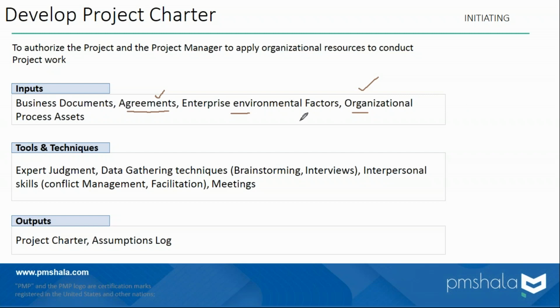If you remember, OPA has project-wide policies, procedures, templates, and all historic data. So the template of charter can be picked up from there. Or maybe you may pick up the charter of a previous similar project and make amendments to make it good for this project. So that's how these are some of the inputs.